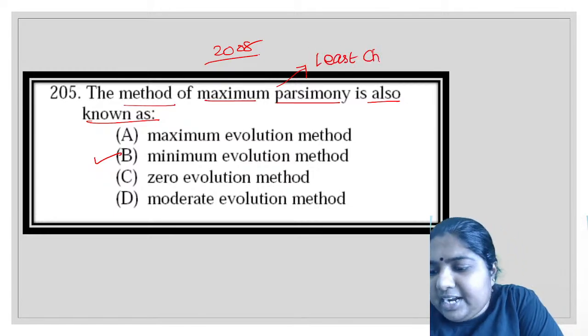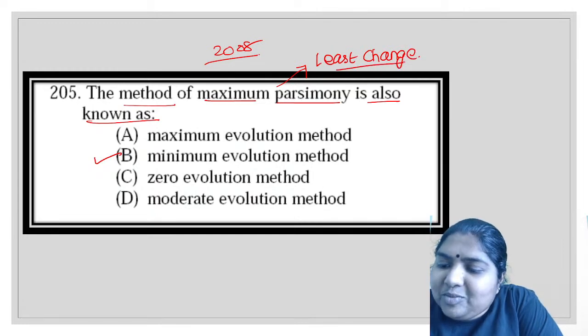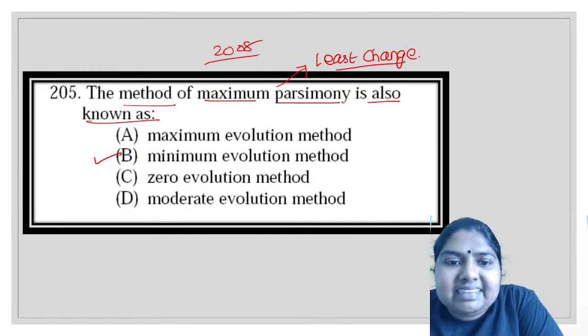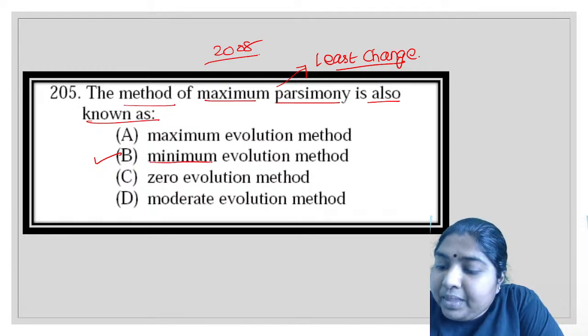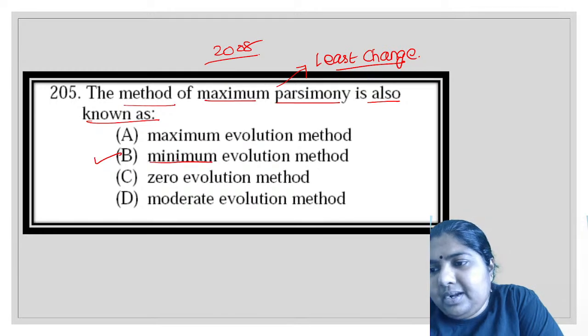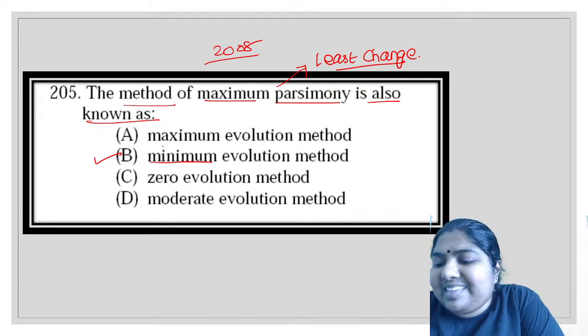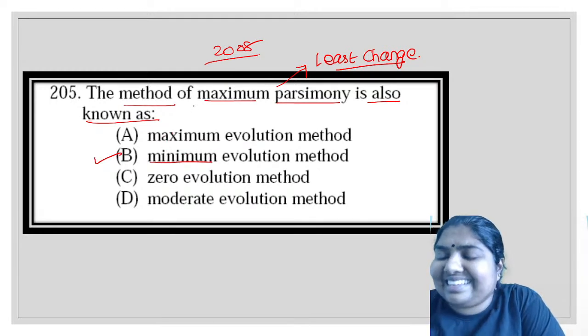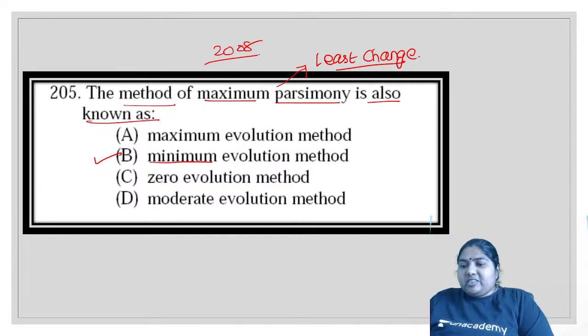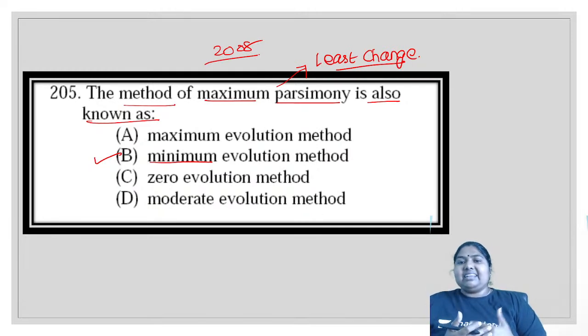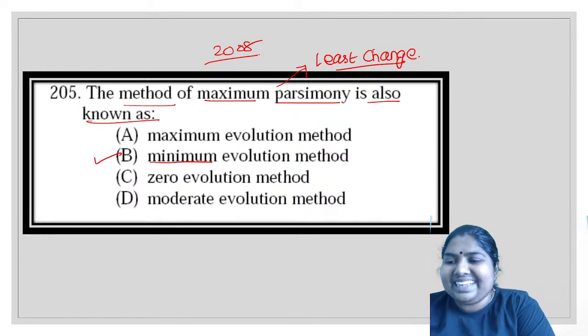That is the keyword I taught you. If it is the least change, how should the evolution be? It should be minimum. If I am saying that something is very least, it is a very least change, that means evolution is not there. Minimum evolution. Understood and agreed?